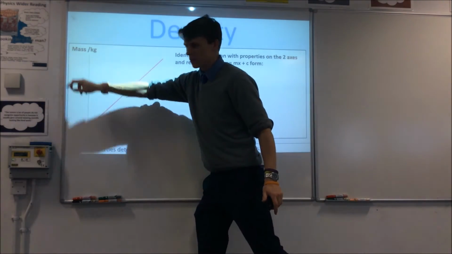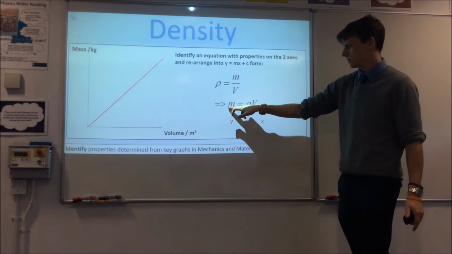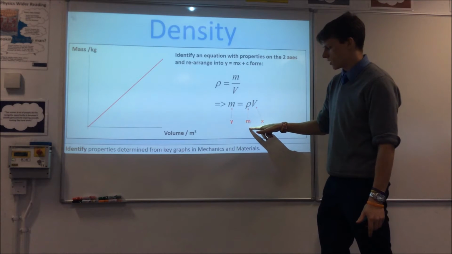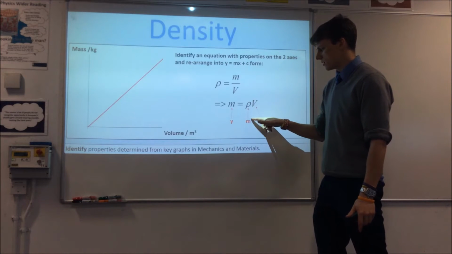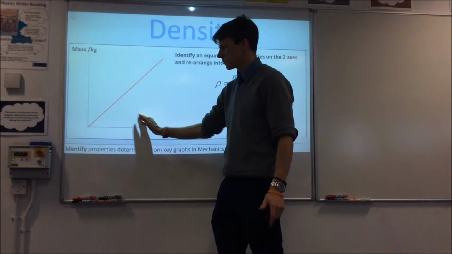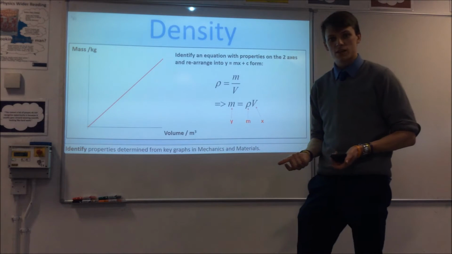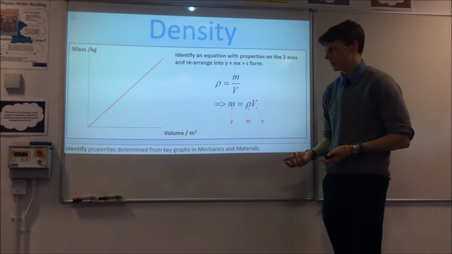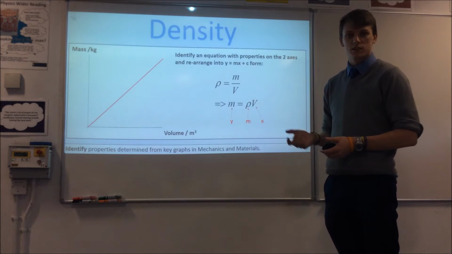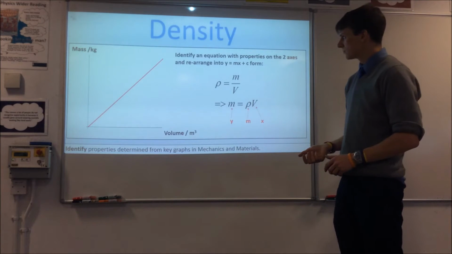We've got mass on the y-axis, so we need to make m the subject of the equation, and therefore you can see the gradient of this graph would represent the density of the material. So what we could do is measure change in y over change in x, and we could get an idea of what the density of the material is. So that's how we can use the gradient in this case to find density.